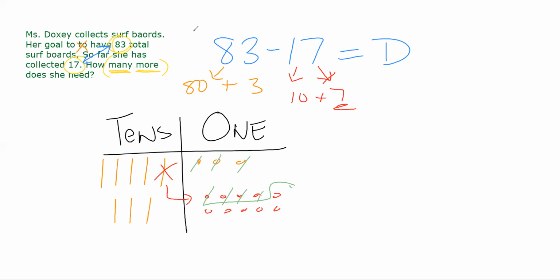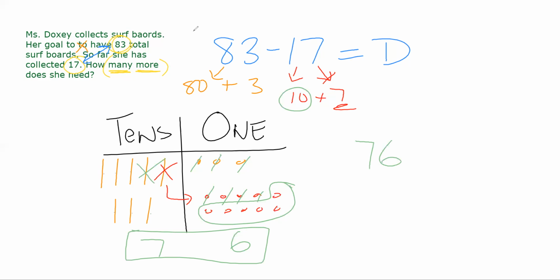That means I have how many left? 1, 2, 3, 4, 5, 6. Okay. We need to take away 1 10. I already took 1 away, so I'll just take away that one. And now count 1, 2, 3, 4, 5, 6. Okay, Miss Doxy needs 76 more surfboards. So there's my answer, 76 more surfboards.